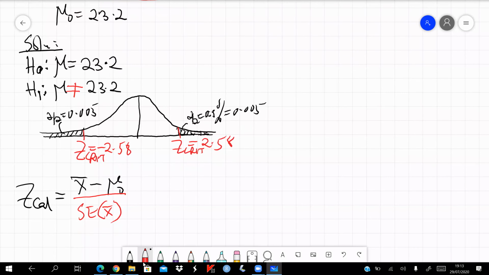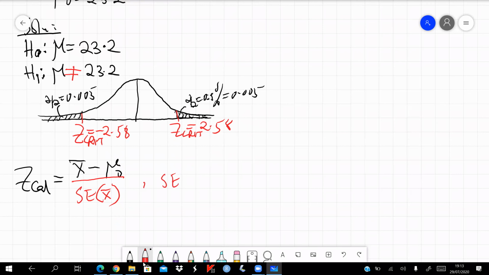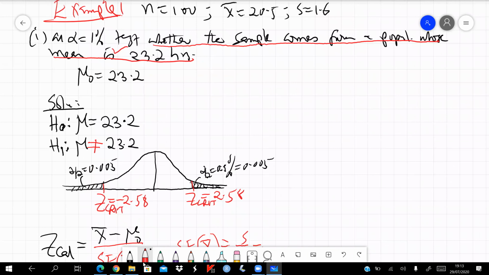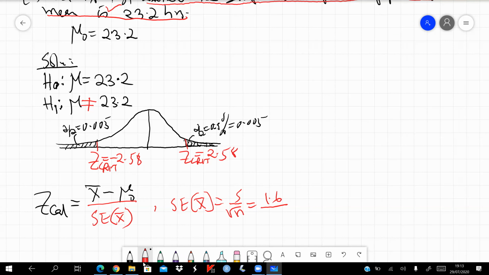So let's obtain the standard error of X bar, which is, in this case, since we don't have sigma, S over root N. And our S is 1.6. Then our N is 100. So our standard error is 0.16.